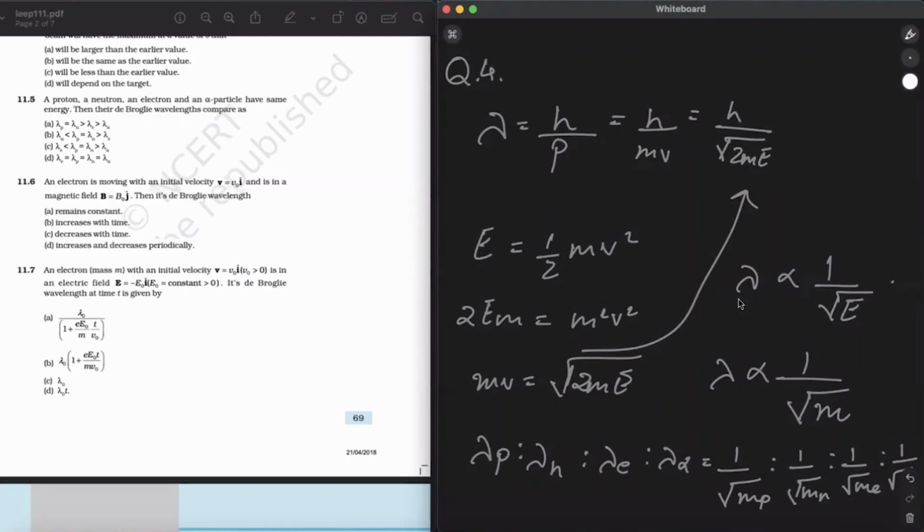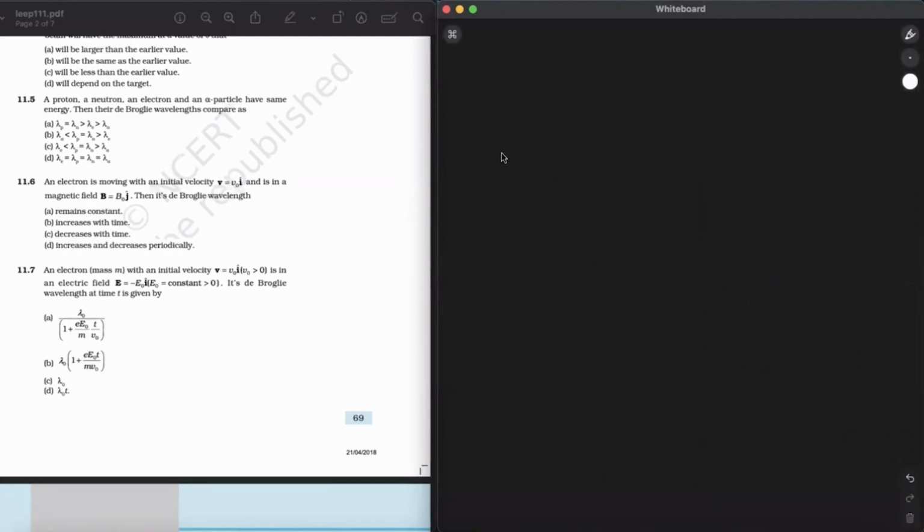Now you just have to plug in the values. Mass of alpha is greater than mass of proton, and mass of neutron is greater than mass of electron. No, proton and neutron have the same mass.